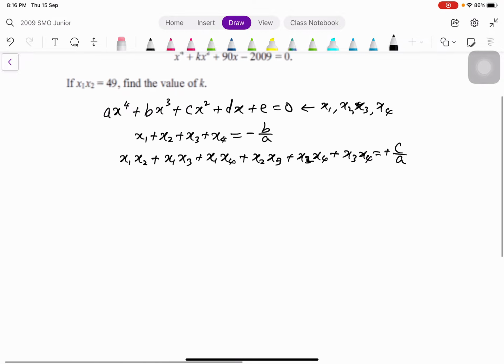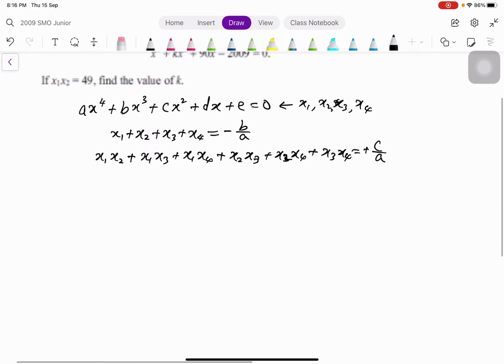Then now we look at the product of three roots, x1x2x3, and then x1x2x4, and after that x2x3x4. Is there anything else?